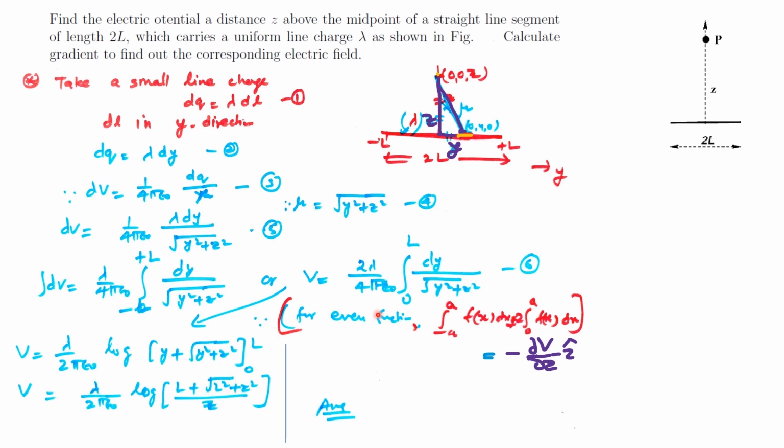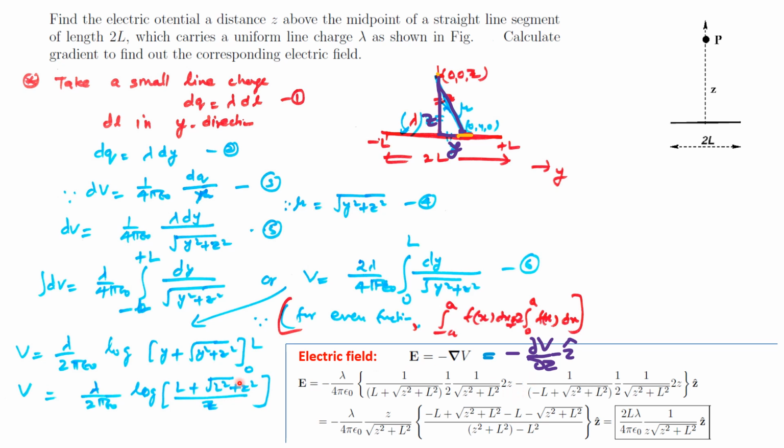This is the potential, and now we can find the electric field using the negative gradient of this potential V, E equals minus del V. Here V is a function of only z, so we take minus delta V by delta z in the z cap direction, because there is no x and y term, so we differentiate with respect to z.